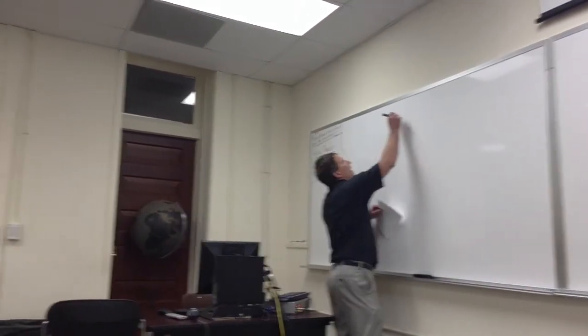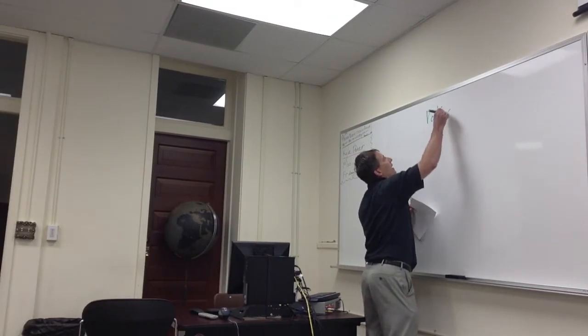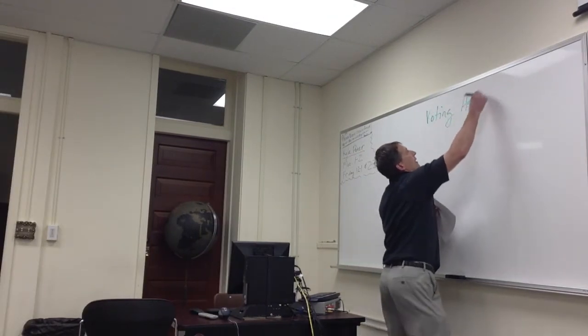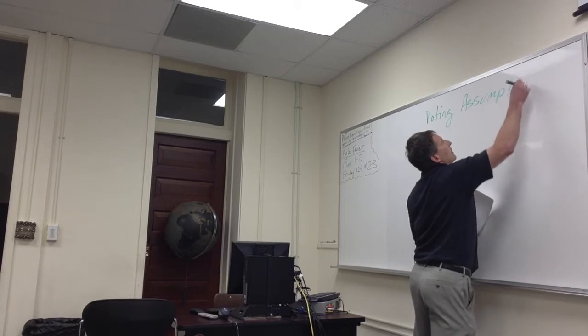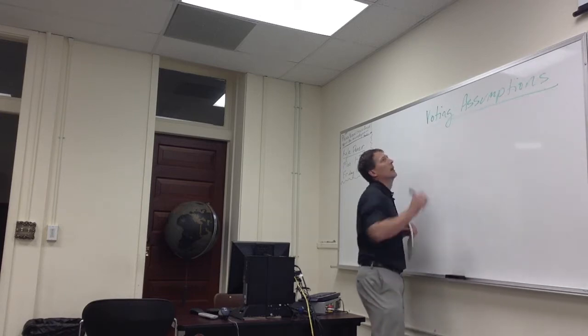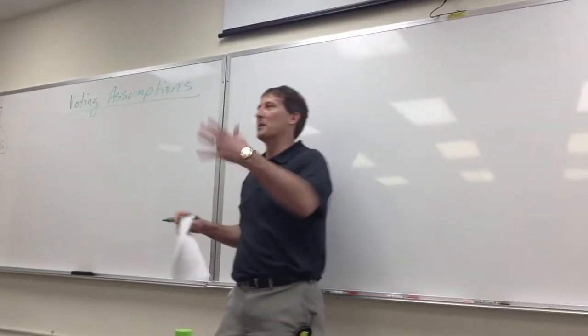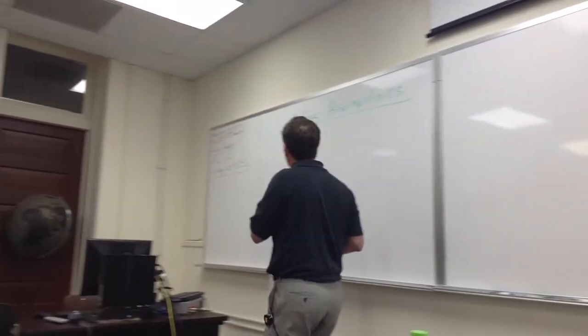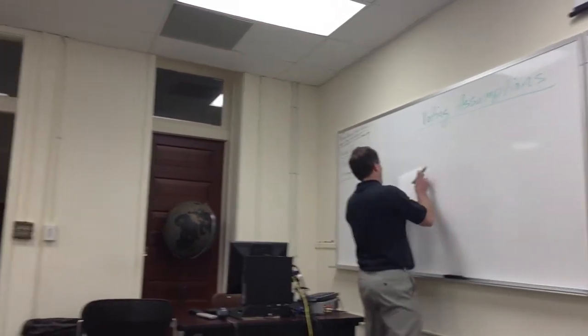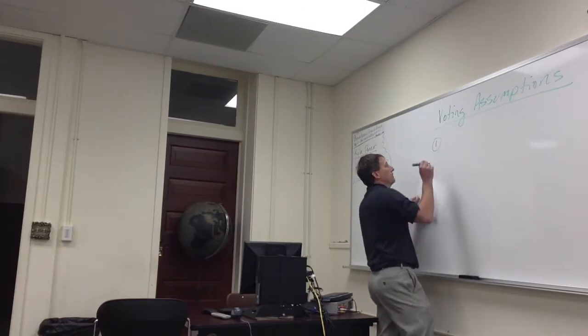So we're going to create kind of a little model, a different type of economic model. And we're going to make some assumptions, which is what economists do when you make economic models. And here are going to be our voting assumptions.